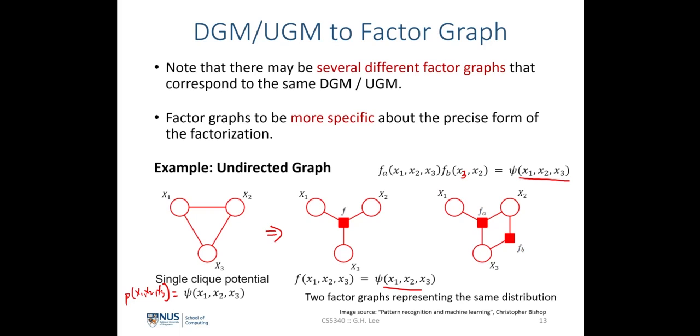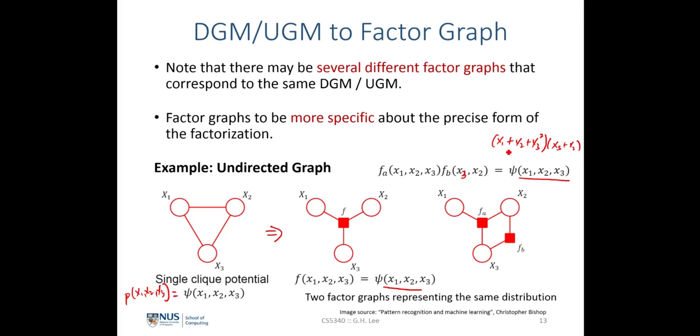An example would be, let's suppose that the potential of x1, x2, and x3 is actually a polynomial function. For example, it would be (x1 plus x2 plus x3) squared, multiplied by (x3 plus x2).